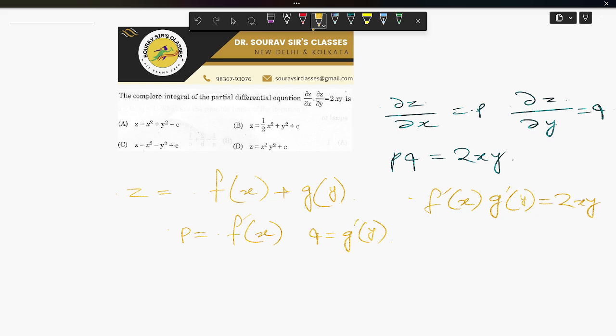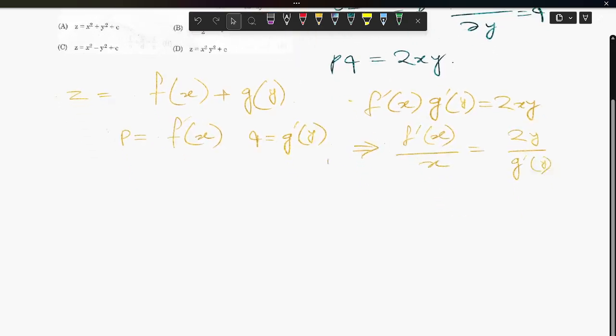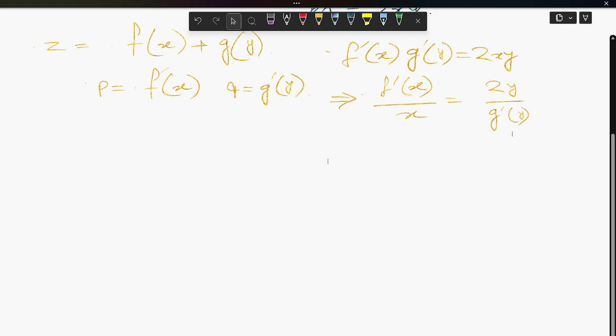After that we can write f dash x upon x equals 2y upon g dash y. Since the left hand side depends only on x and the right hand side depends only on y, both must be equal to a constant, say some k.